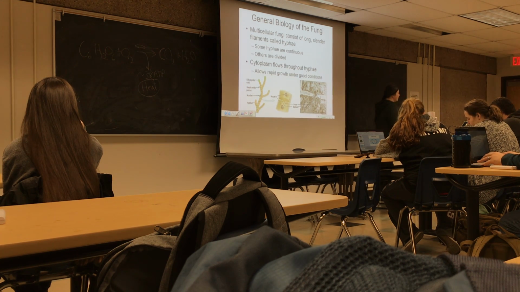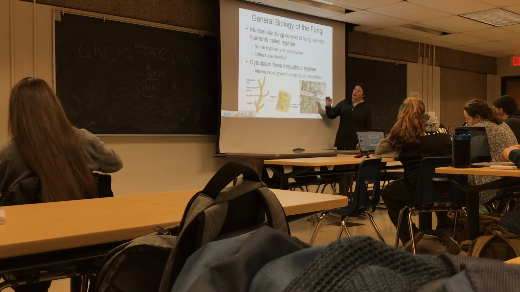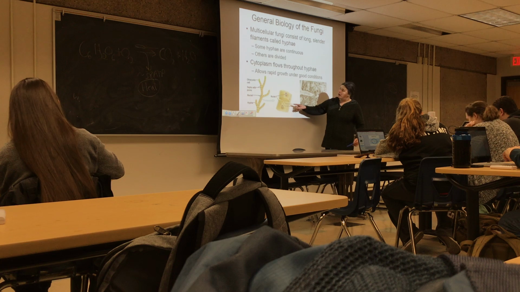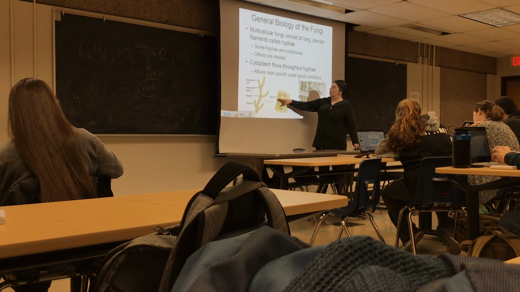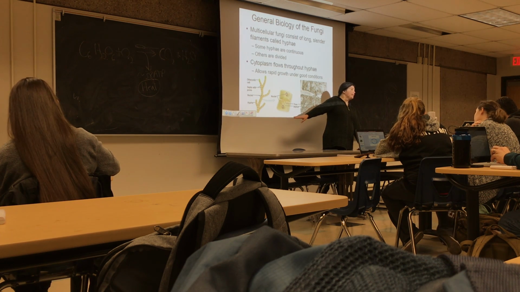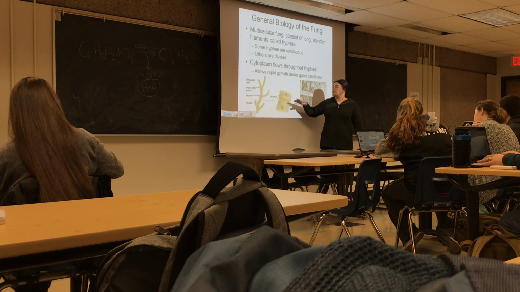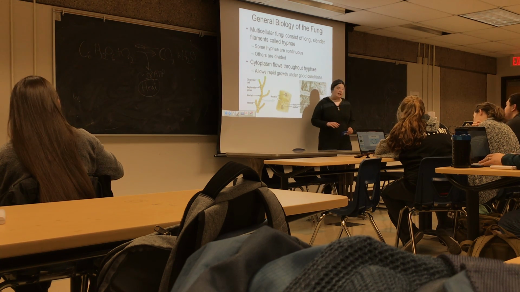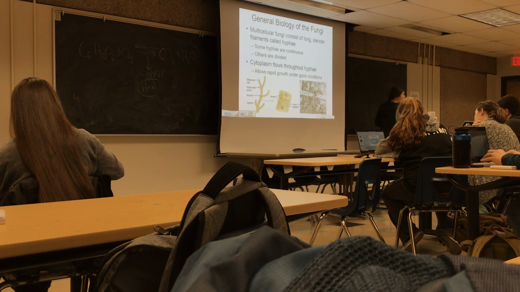And generally, these hyphae are divided up into separate cells, but oftentimes there's a pore that goes between the cells that allows the cytoplasm, or the liquid within the cell, to flow between cells, which is kind of cool because that allows nutrients to be distributed quite rapidly throughout the body of the fungus and allows for very rapid growth.